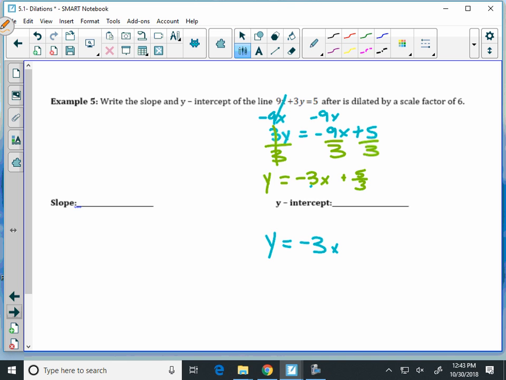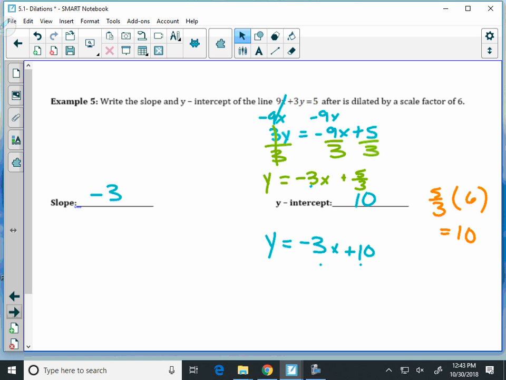So we have to do 5/3 times 6. And what's 5/3 times 6? 10. Plus 10. But they didn't want the equation, they wanted the slope and the y-intercept. I didn't really have to write the equation, but just for more practice I did. And we said the slope was negative 3, the number in front of the x, and the y-intercept is the number in the back.